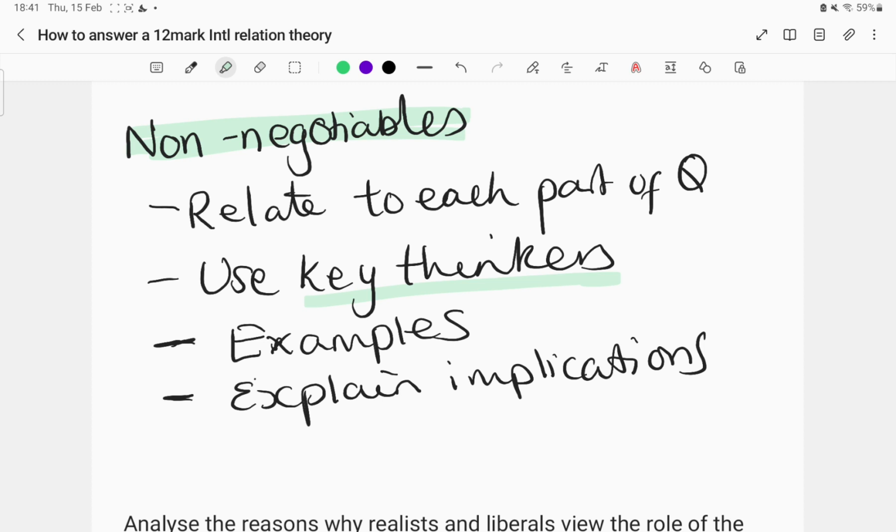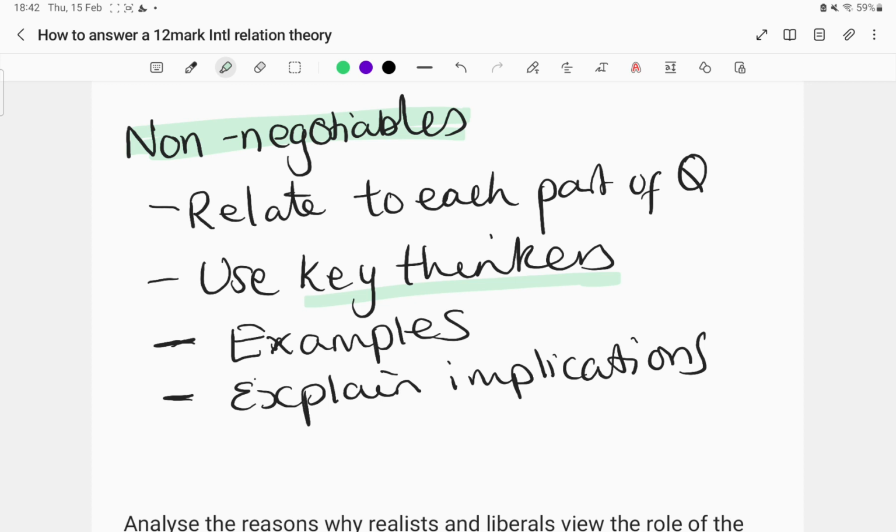And as I said, explaining the implications. So once you've given me your point, you've identified your point, you've given me examples of the point, you've then explained its implications. So that could be, this means that for realists, it's important to do A, B, or C. However, another consequence of this in a multipolar world could be more of a struggle for power or something like that.